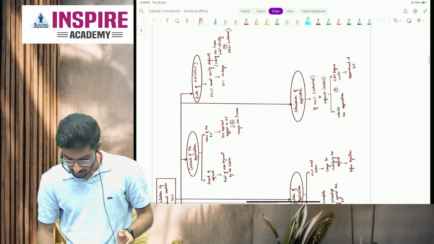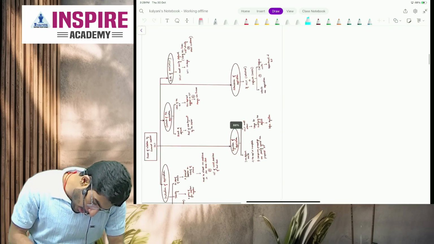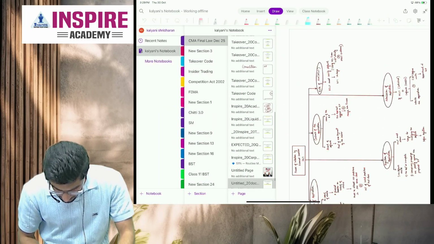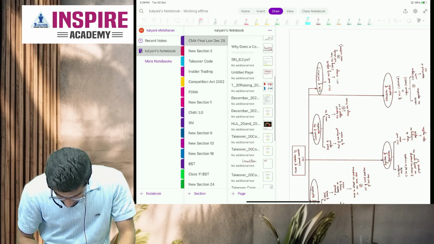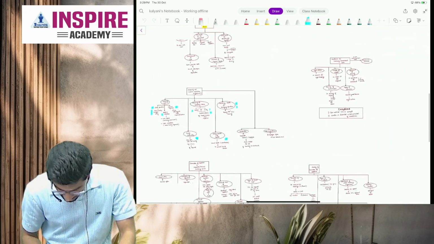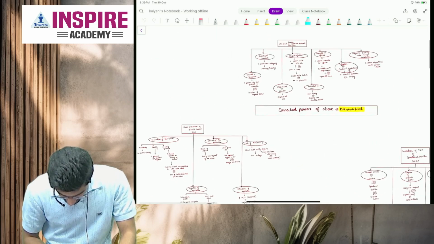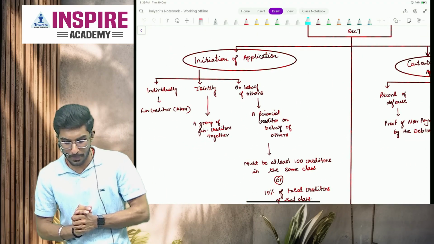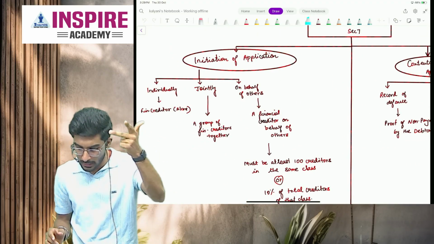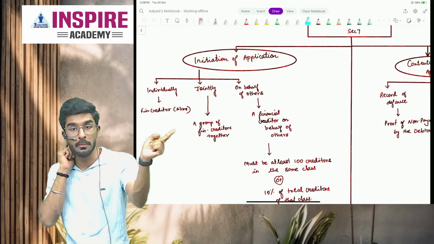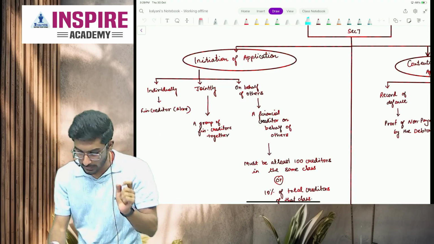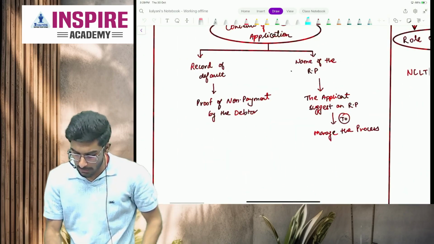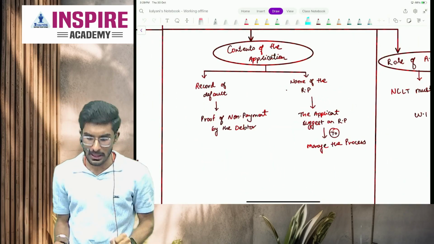Okay. Next is the process of initiation by a financial creditor. Number one is filing the application individually, jointly, or on behalf of others. If on behalf of others, 100 creditors or 10% of total creditors of that class. Number two, what content should be in the application?